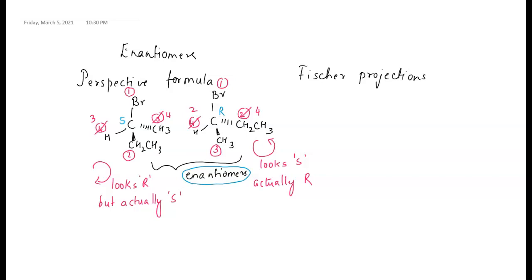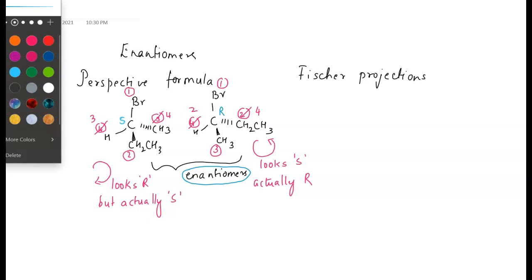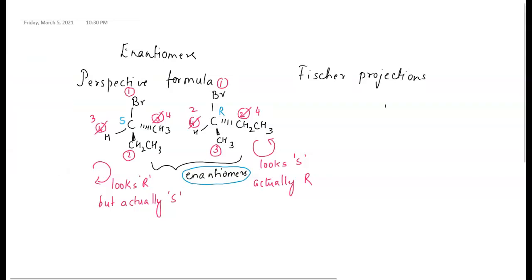So for example, a Fisher projection is represented in this manner, where I put a CH3 here, a hydrogen here, a Br here, and a CH2, CH3 here. So this carbon atom has 4 different groups, so that is my chiral center. The carbon here is my chiral center.